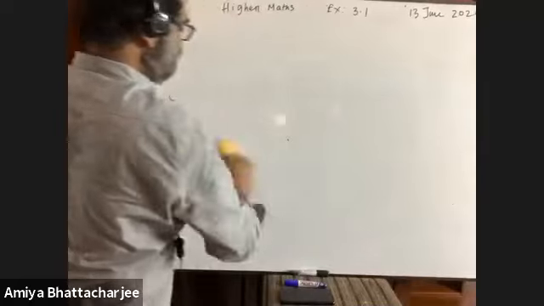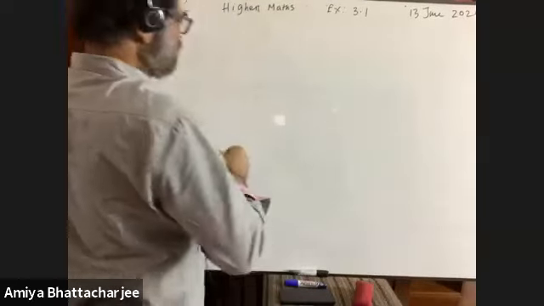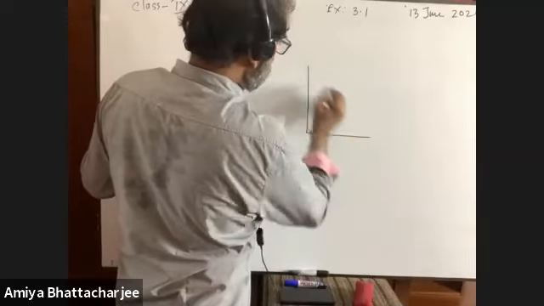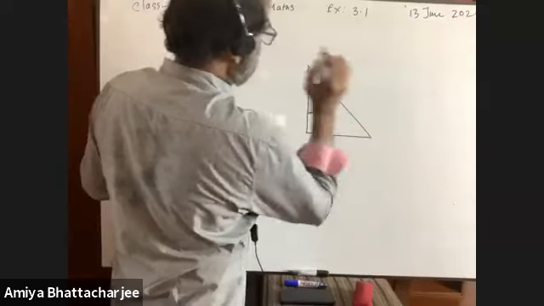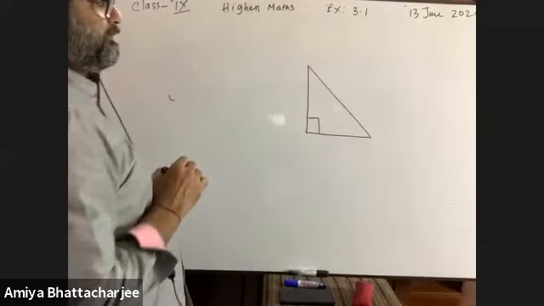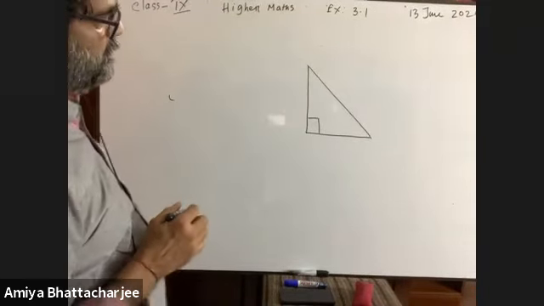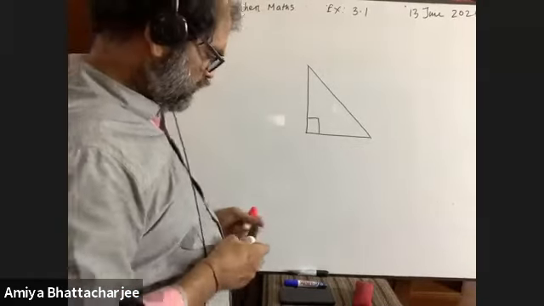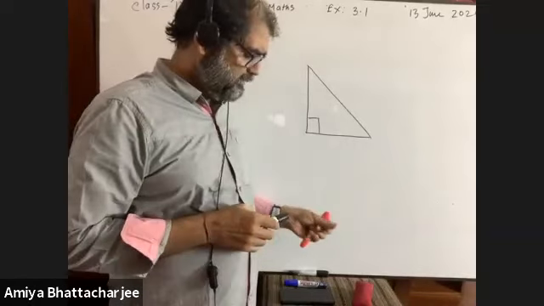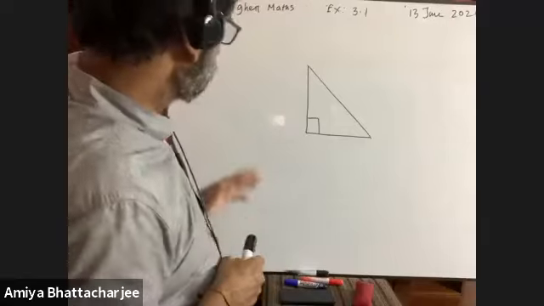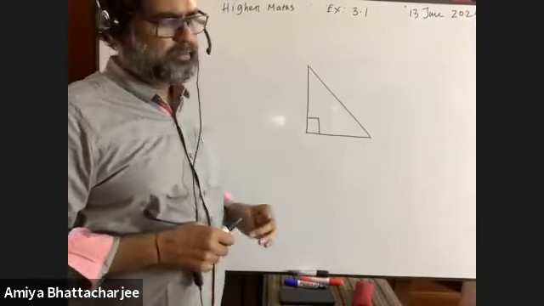Now, actually, in short, I'm going to tell you something about Pythagoras theorem. You see, it is a right angle triangle. In class 8, construction, that is exercise 8.2, the last construction number was like this, perhaps number 7.